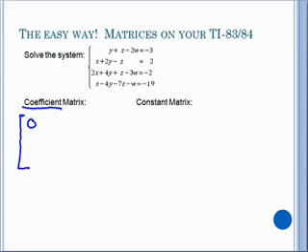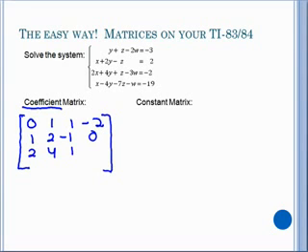So we've got 0, 1, 1, -2, 1, 2, -1, 0, 2, 4, 1, -3, and then 1, -4, -7, and -1.